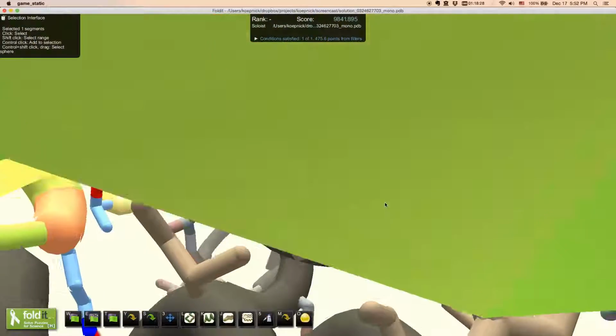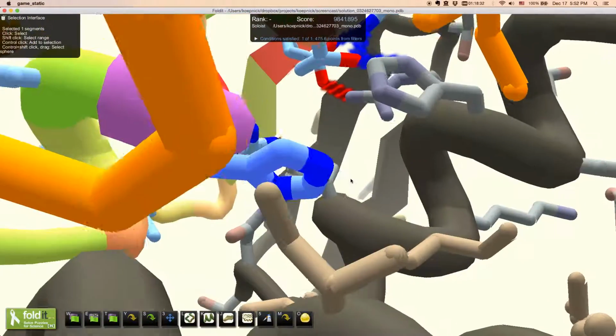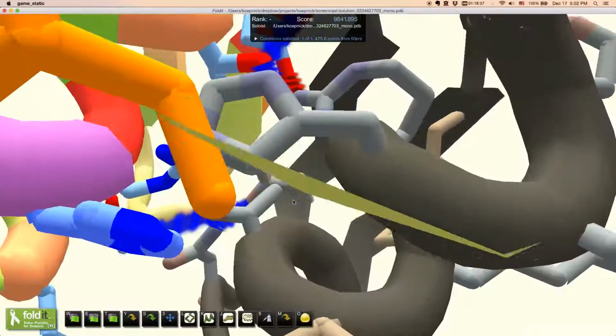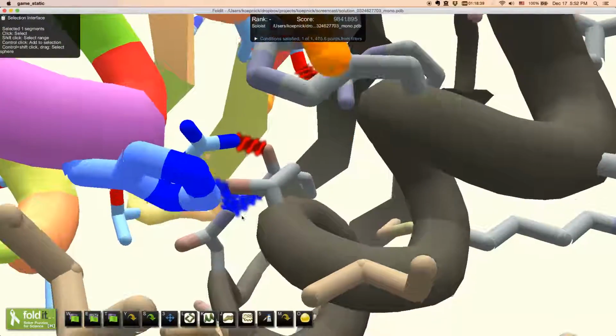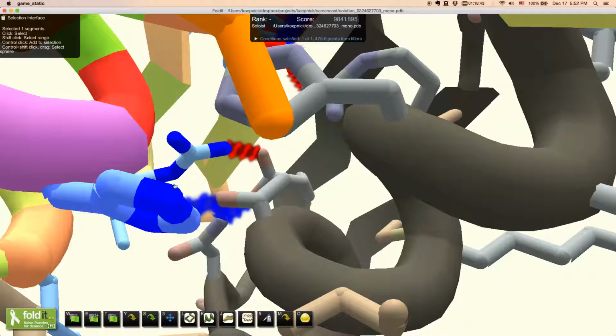I'm sorry, I'm having trouble navigating this protein here. So it's making a hydrogen bond actually with this threonine, which is backed up by an aspartate, and looks like a glutamate and an arginine.